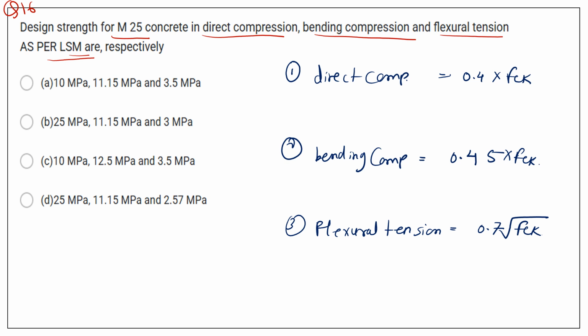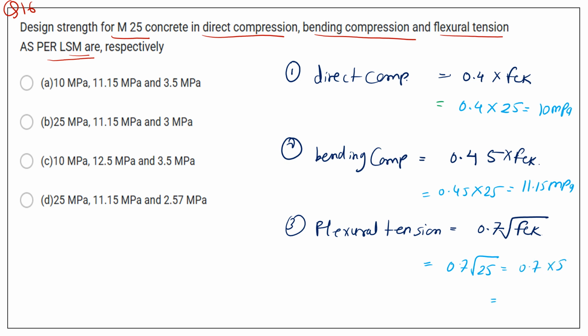Putting the given values into this question, we get 0.4 into 25, which is equal to 10 MPa. Then 0.45 into 25, which is equal to 11.25 MPa. Then the last one is 0.7 into square root of FCK, which is 0.7 into 5, which is 3.5 MPa.